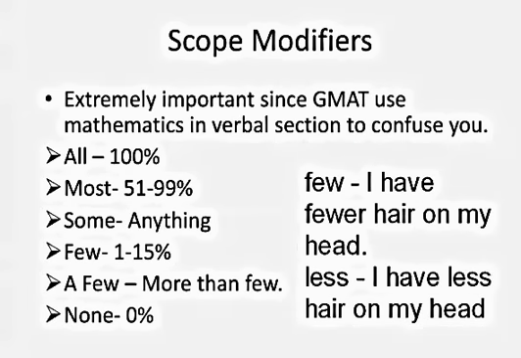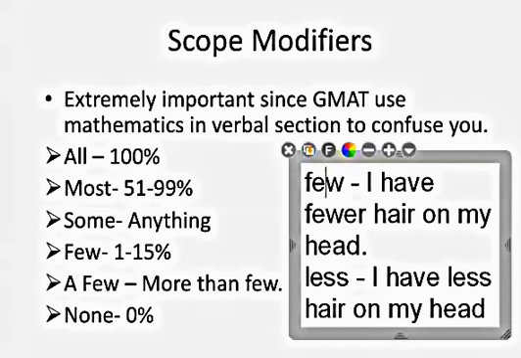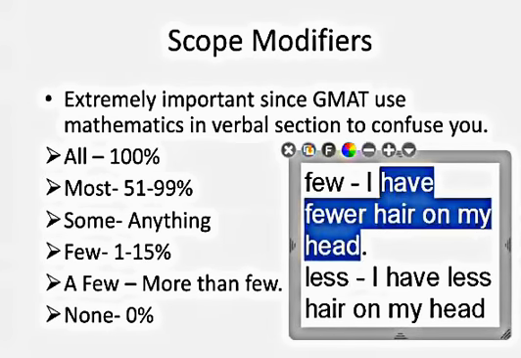So I can assure you I don't have a balding problem, but just to know that few is something that is countable. Let's say somebody had like 5 hair on his head, so he can count that. It's fewer hair. Let's say you cannot count it, and it's this.